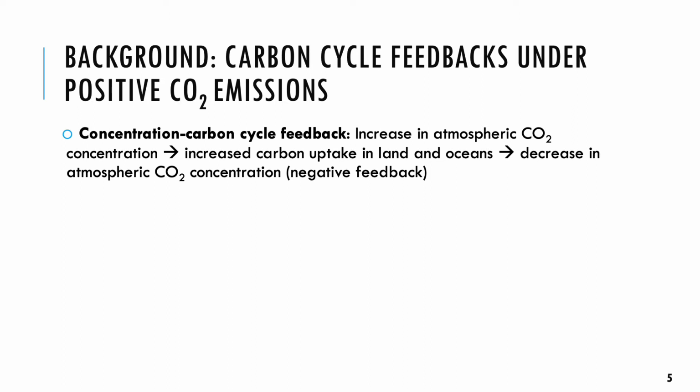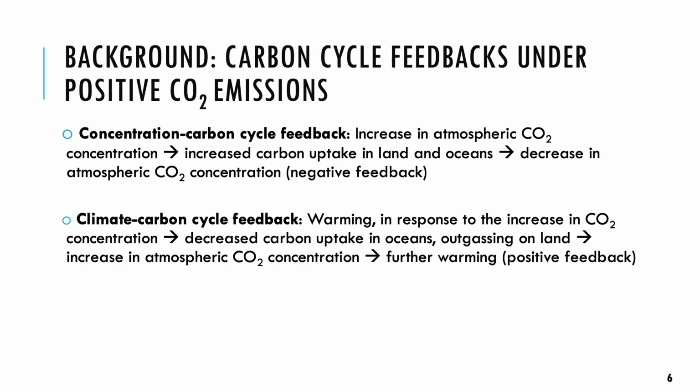The first being the concentration carbon cycle feedback, in which an increase in atmospheric CO2 concentration increases the carbon uptake in the land and the oceans, decreasing that atmospheric CO2 concentration. The second feedback is the climate carbon cycle feedback, in which CO2-induced warming decreases carbon uptake in the oceans, causes outgassing on land, and then results in an increase in atmospheric CO2 concentration and further warming.